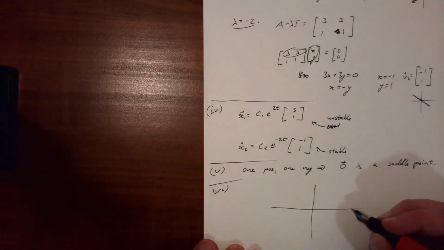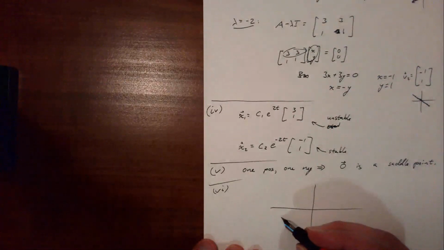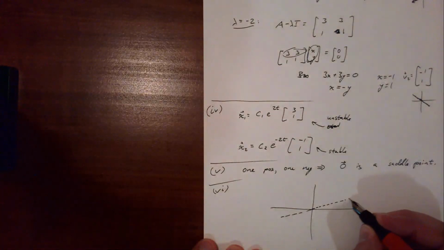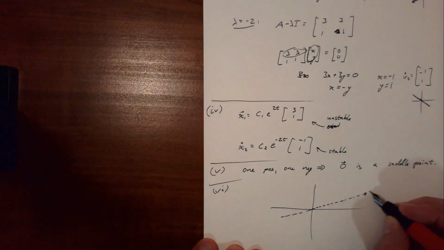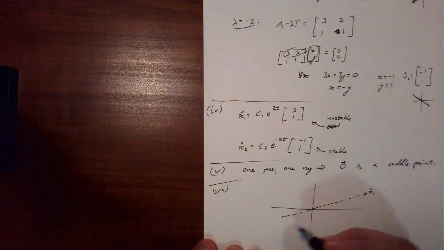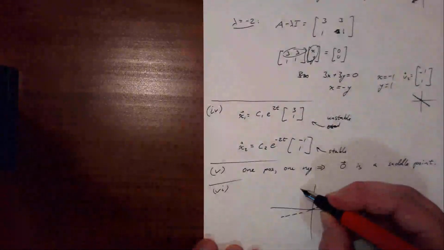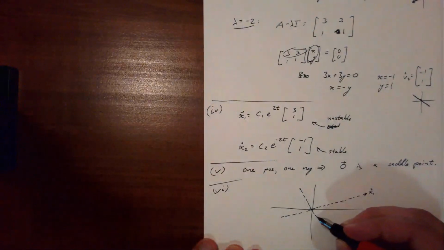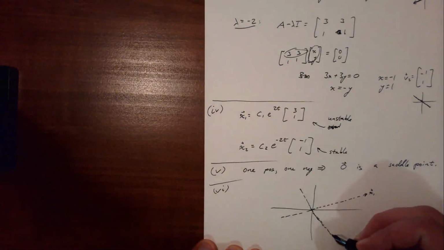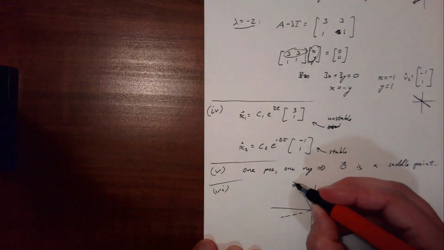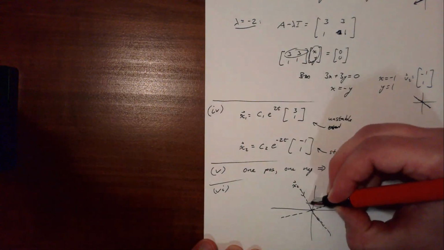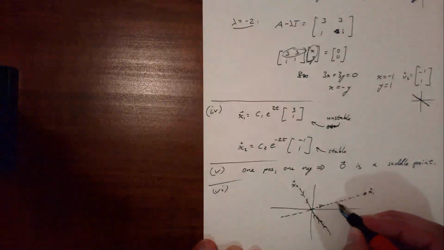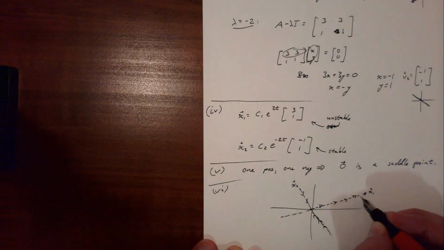All right, so our unstable line is x1 here, the dominant eigenvector, or sorry, the eigenvector that goes with the dominant eigenvalue. And then we have the other one, x2, for the stable line.